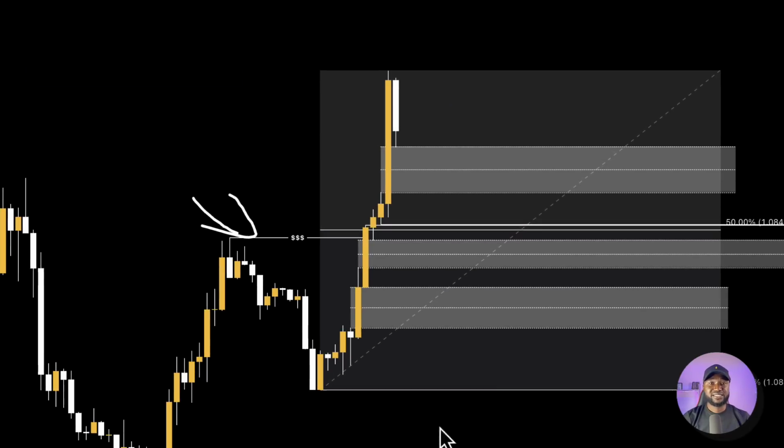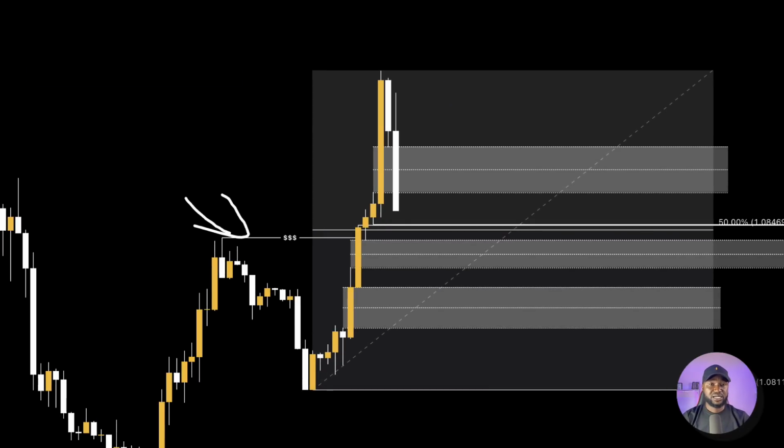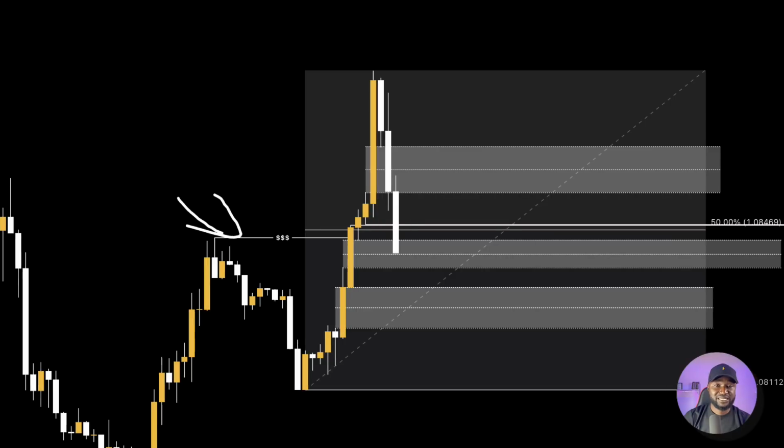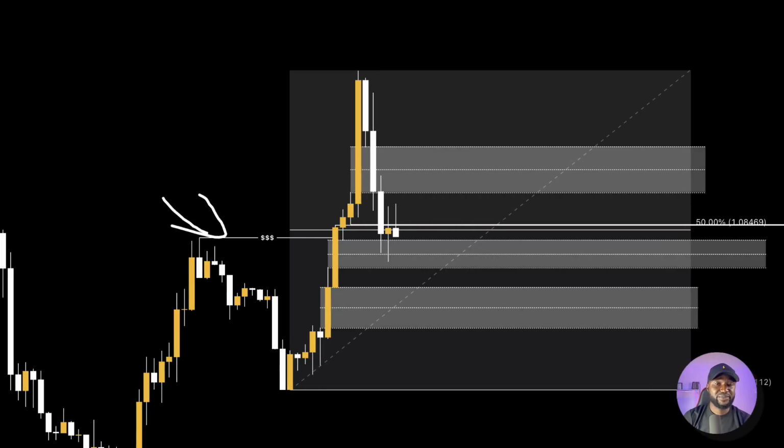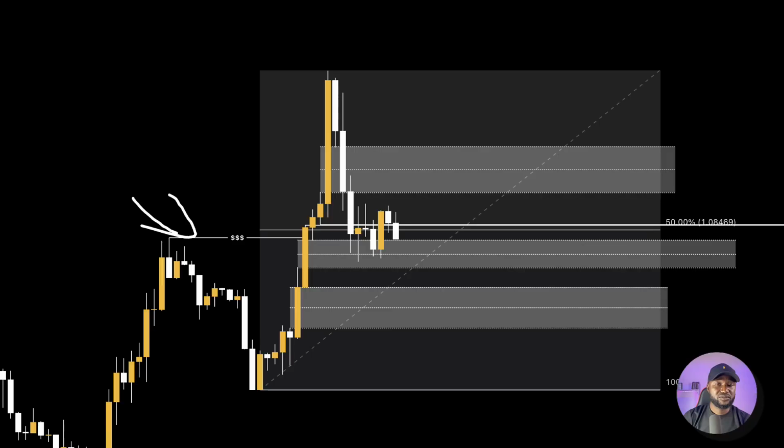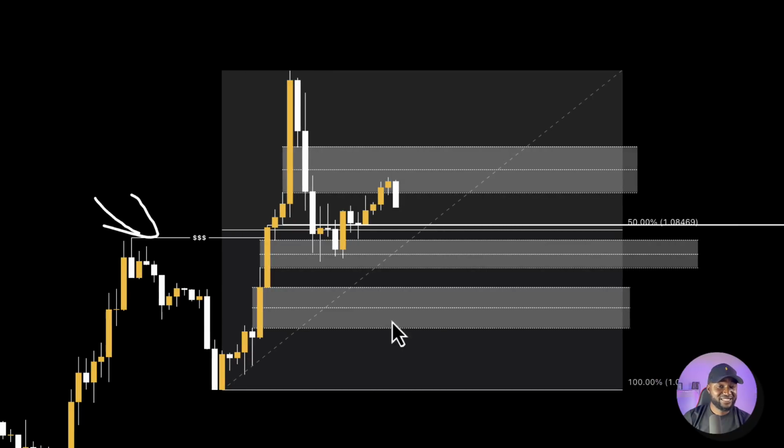So, price seeks to do two things. Now, inefficiency number 1 balanced, inefficiency number 2 balanced, inefficiency number 3 balanced. And now we see price left this one. This should have something in your mind. It should tell you that something is about to happen. There is manipulation.